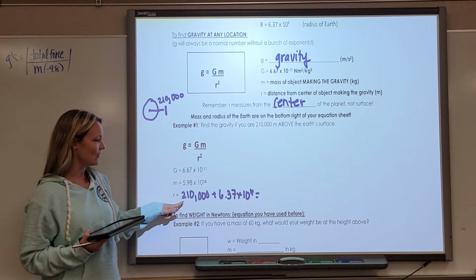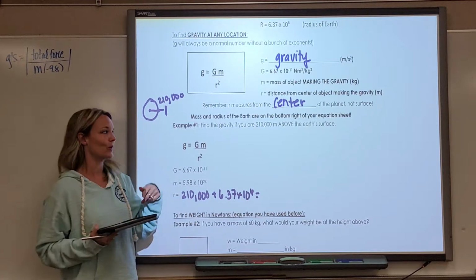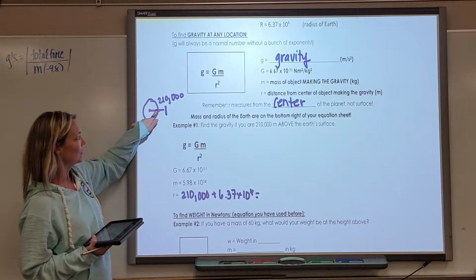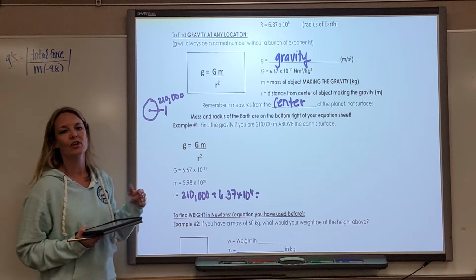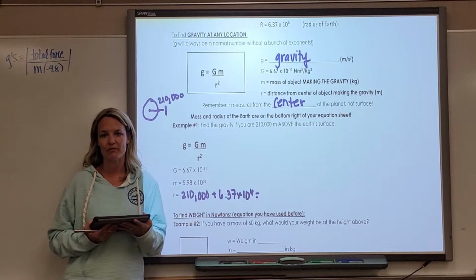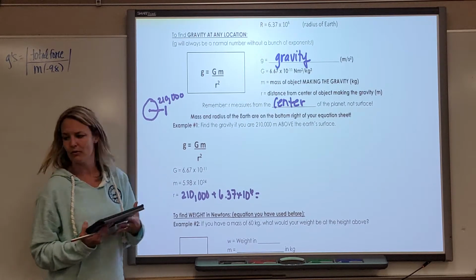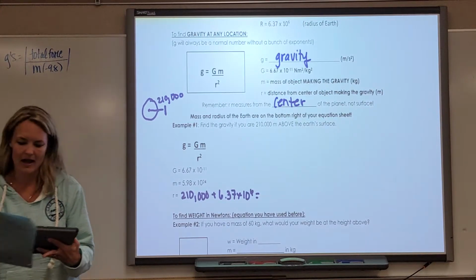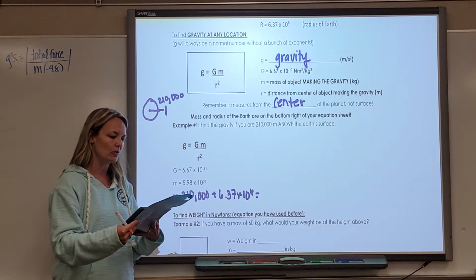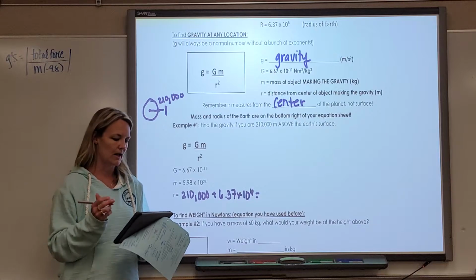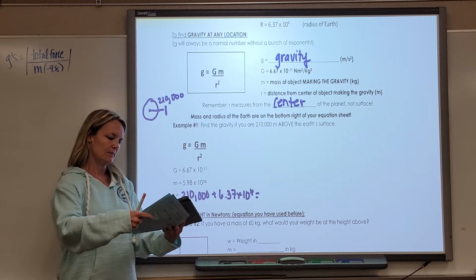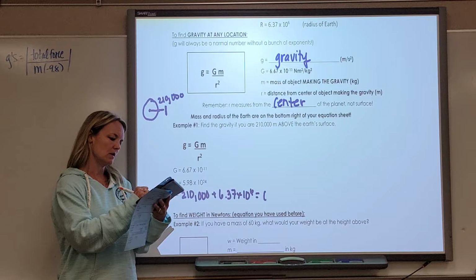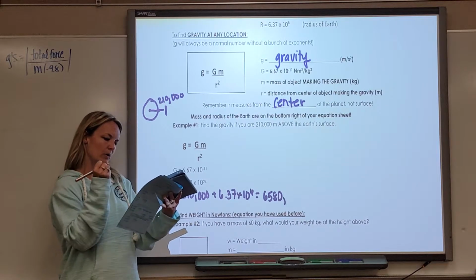I am going to add those together, and it is going to give me the full radius from the center of the Earth to the surface, and then an additional 210,000 meters above the surface of the Earth. Adding those 2 together, and I get a radius, and you can have this in a normal number or in an exponent number. I get 6580 with 3 more zeros.